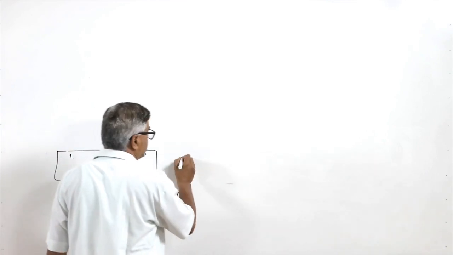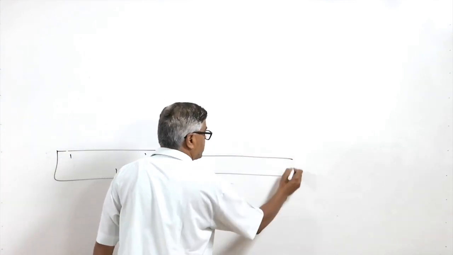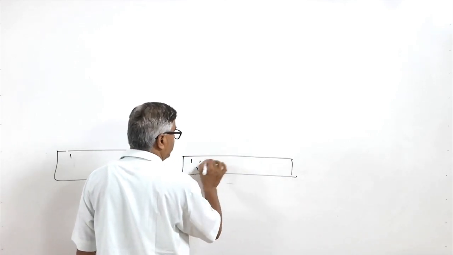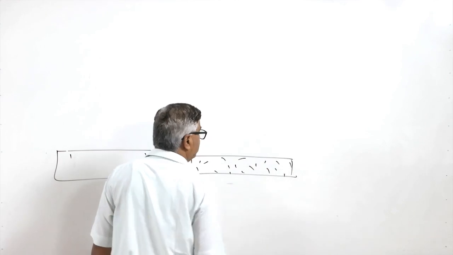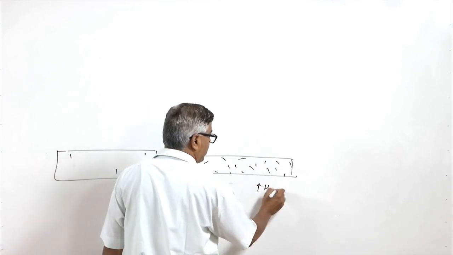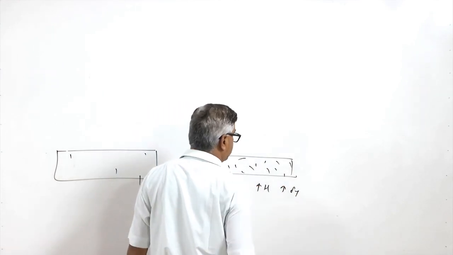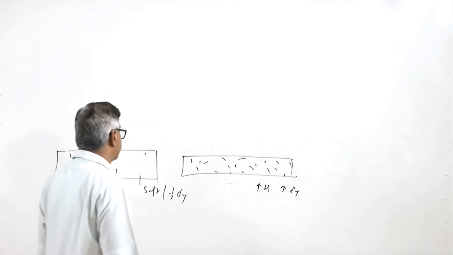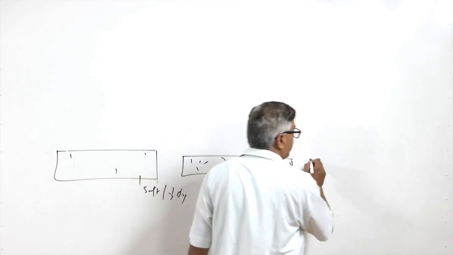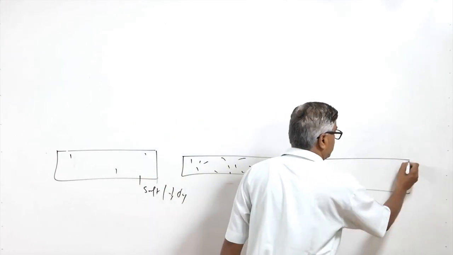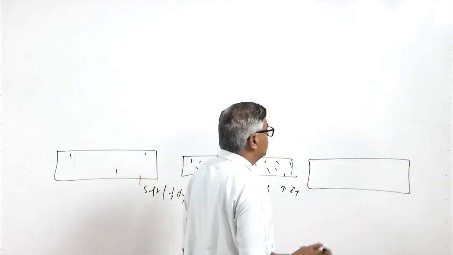But if it is subjected to severe plastic deformation, a large number of dislocations develop here and there, and that in turn leads to increased hardness, increased yield strength, and improved mechanical properties.